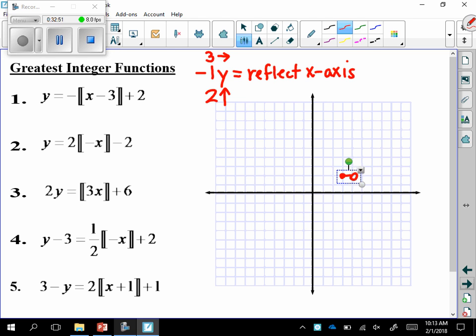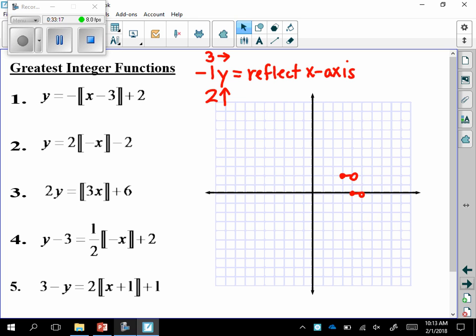And remember, for your parent function, you have a step that goes from 1 to 2, but it's at a y coordinate of 1. So there's the original. And then now I'm going to shift it according to these rules. 3 units to the right. Reflect it over the x-axis.